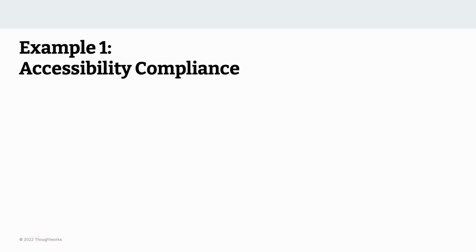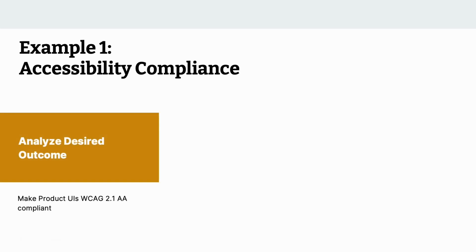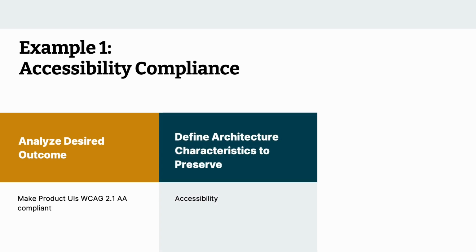So, a super simple example about accessibility. Let's imagine that our desired outcome is to make product UI compliant to this very specific web content accessibility guideline. Of course, here the architecture characteristic we want to preserve is accessibility, pretty simple.